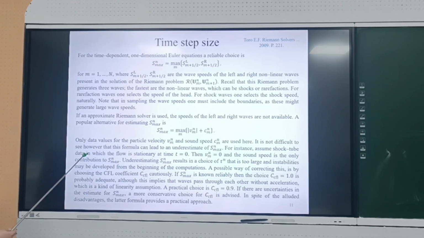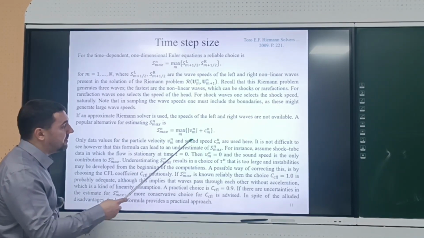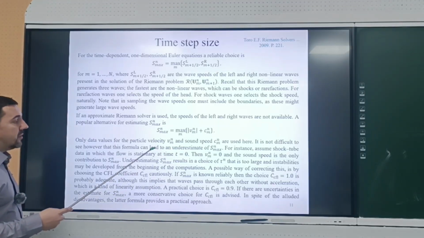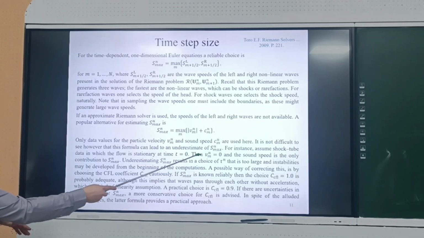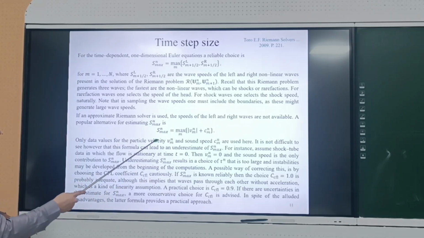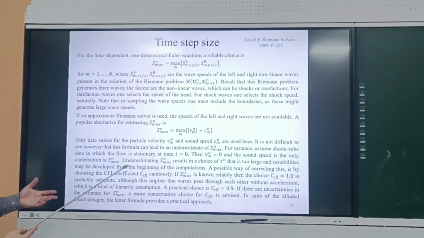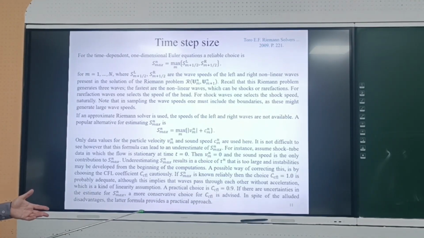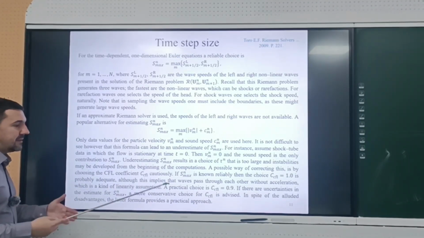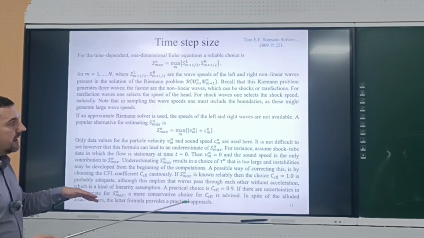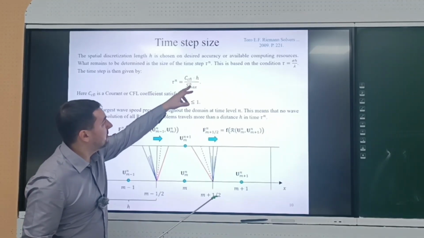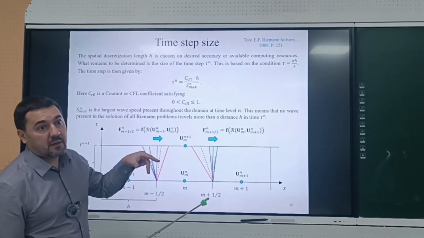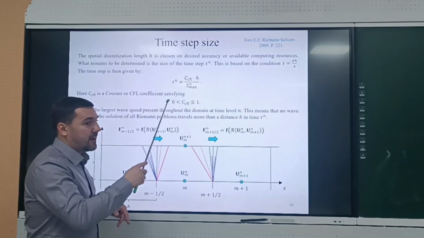However, it's not difficult to see that this formula can lead to an underestimate of S_n max. So, for instance, if we have gas at rest, for example, velocity equals 0, the estimation for S_n max is based only on the speed of sound. So S_n max can be too low, and it leads to our time step computed using this formula being too big. That is why we need this CFL parameter.